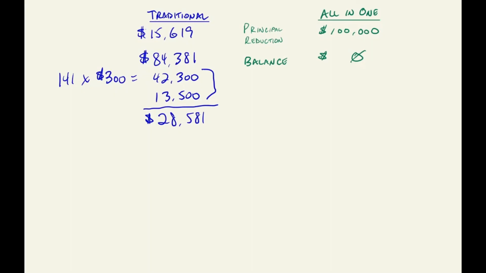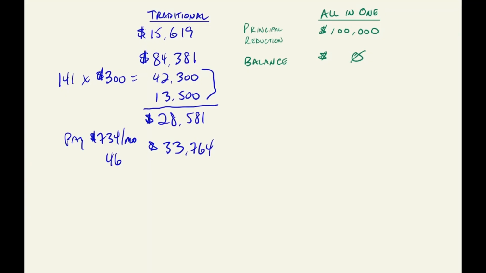Now, let's say you wanted to continue to pay that $734 a month. It would take you 46 months to pay off the remaining $28,581. So that would be a total of $33,764 that you would be paying over that 46-month period.